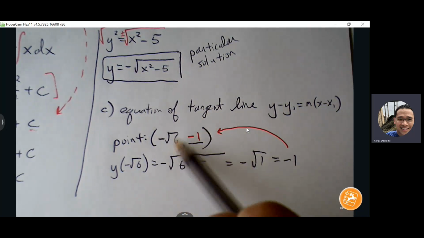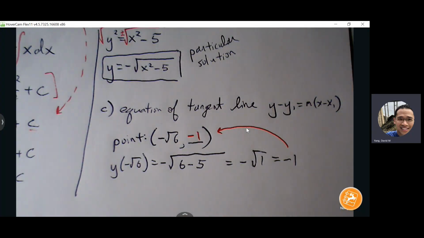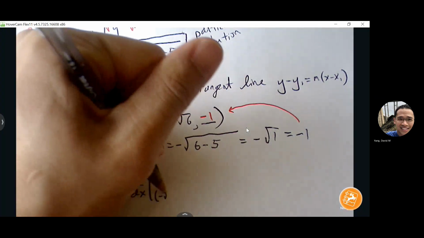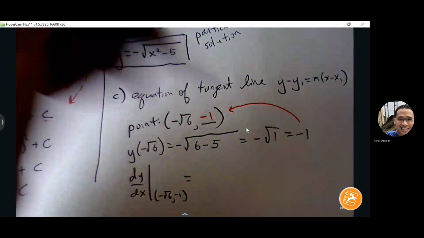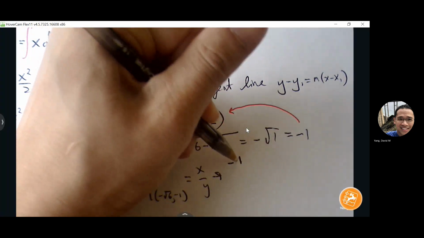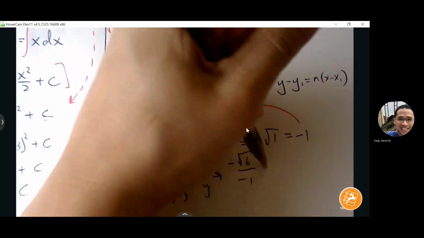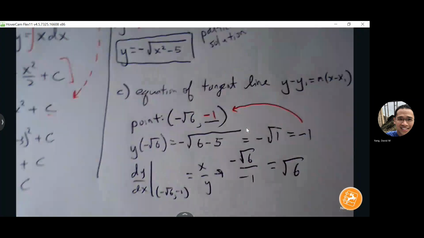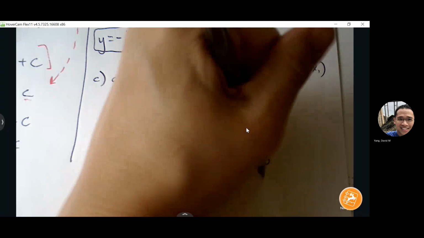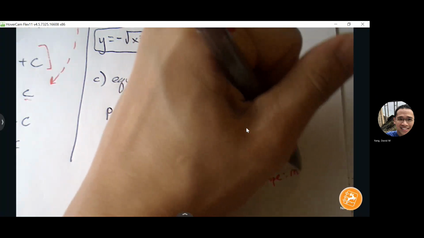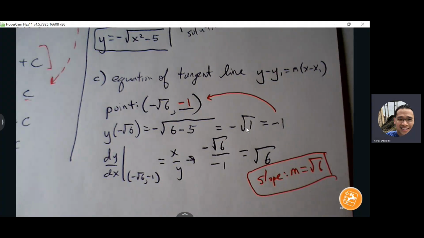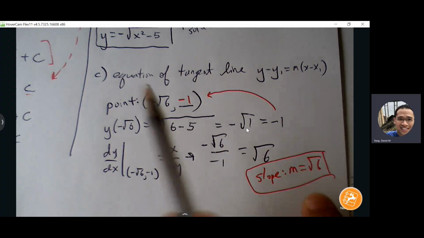So I can take my ordered pair now and insert it into my differential equation to get my slope. So I have my ordered pair, I have my slope. Point-slope form comes next.